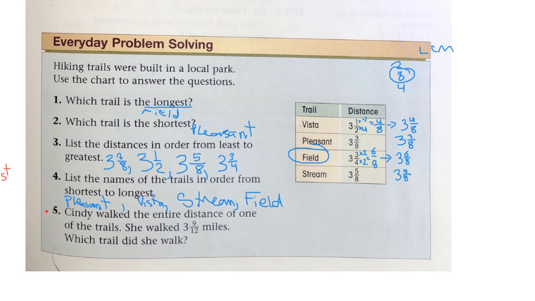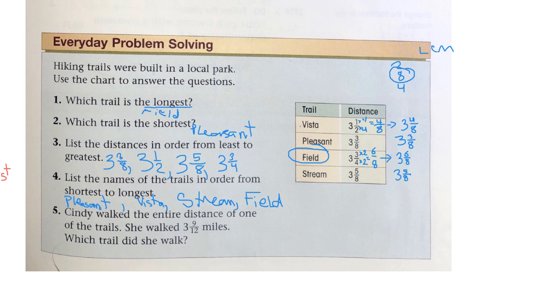Cindy walked the entire distance of one of the trails. She walked 3 and 9/12 miles. So which trail did she walk? So if we made it 12ths, which one would give us 9 as the numerator? But if we also divided this down to lowest terms, what would we have?